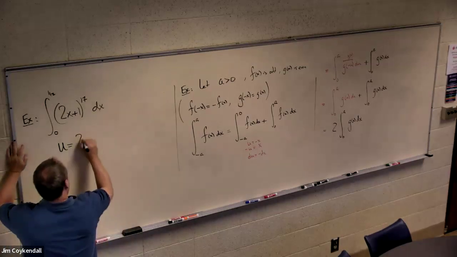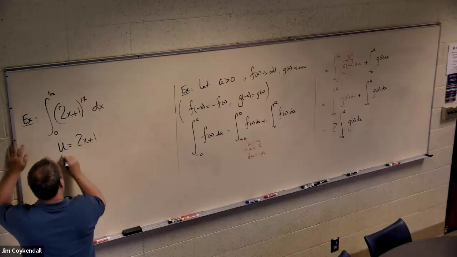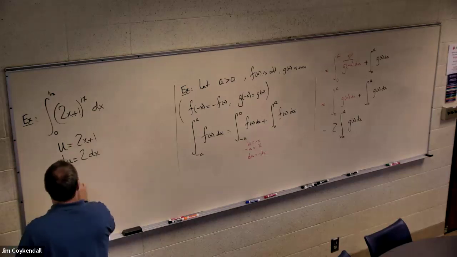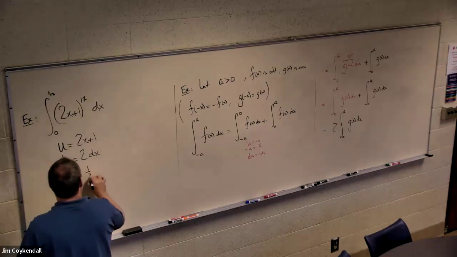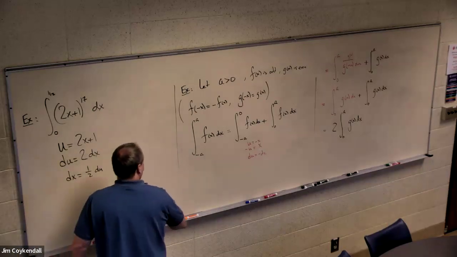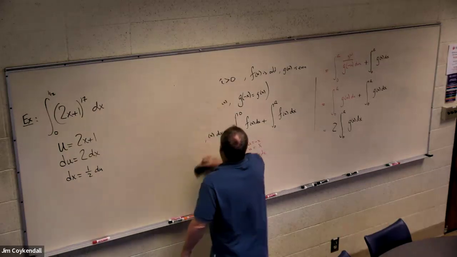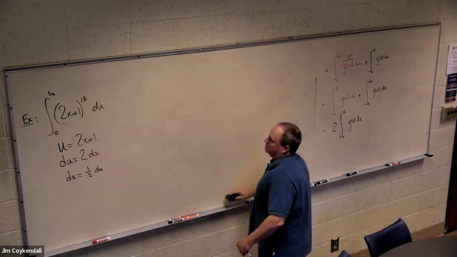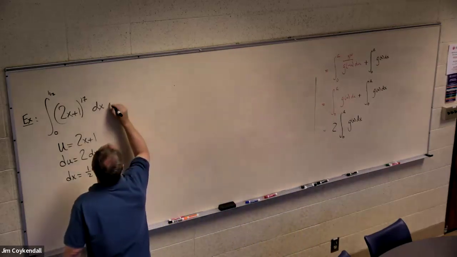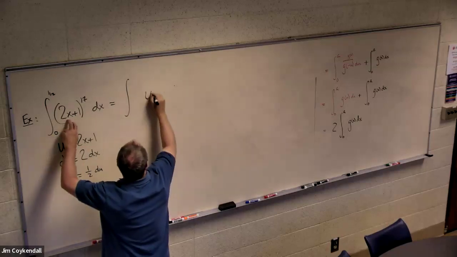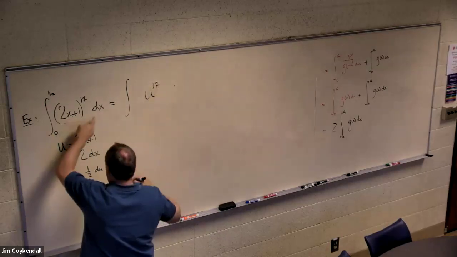Great idea. So u might be 2x plus 1, for example, and du is 2 dx, so dx is 1/2 du. So this integral now becomes, the whole point was this is inside parentheses, and dx is 1/2 du.